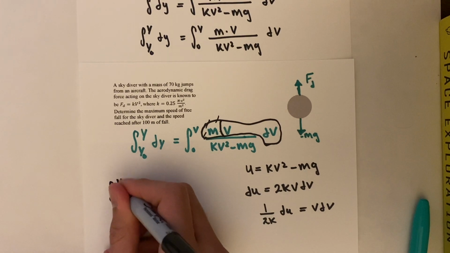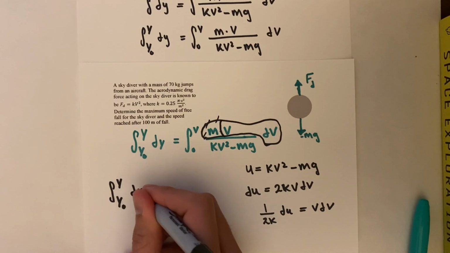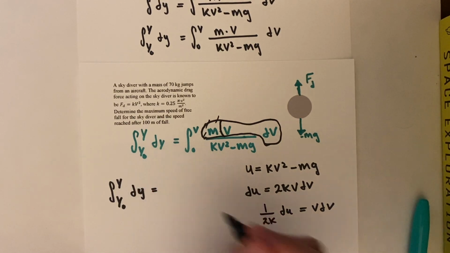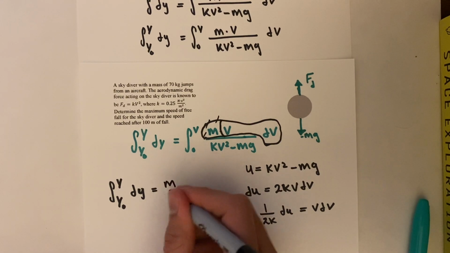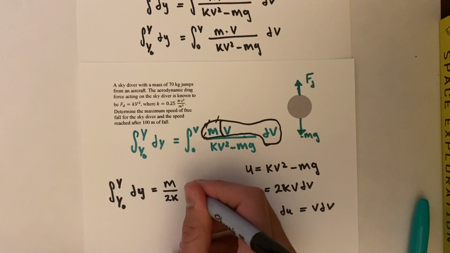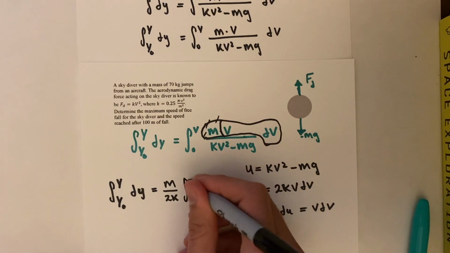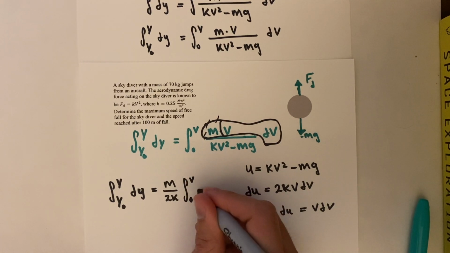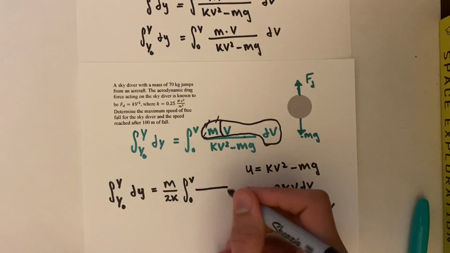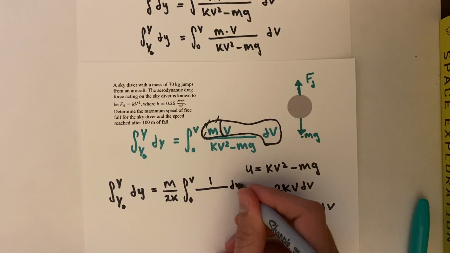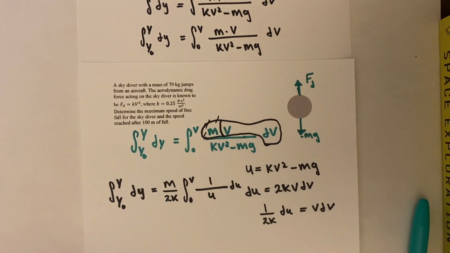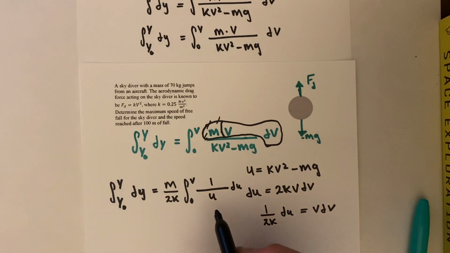So we would be left with the integral from y naught to y of dy is equal to m over 2k times the integral from 0 to v of 1 over u du. And the integral of 1 over u is just the natural log of u.